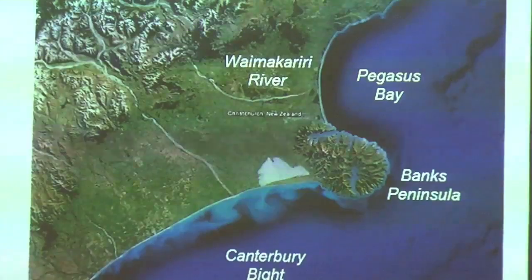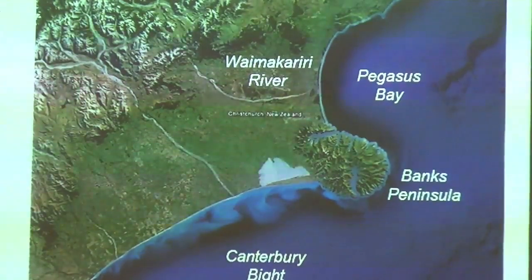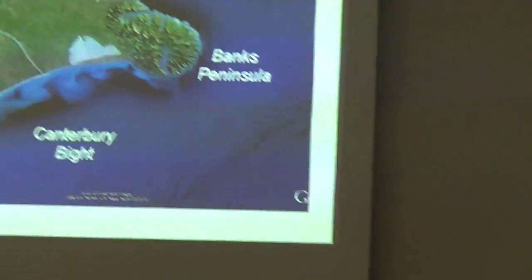So the wave climate is very, very key to the fact that we've got stable sand beaches in the lee, or in the sheltered zone, behind Banks Peninsula. We need to look at changes in the wave climate that we might expect over the next 100 years if we're going to understand the response of our beaches over the next 100 years. If it's an important factor now, it's going to be an important factor in the future.